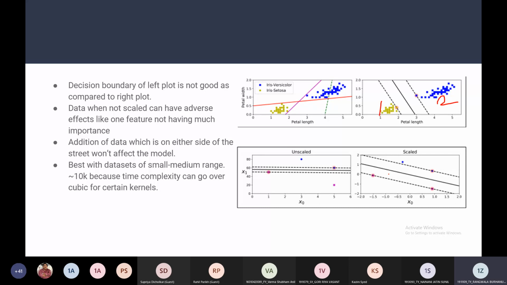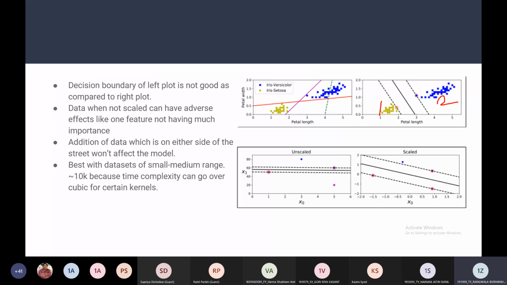Another thing you should know about SVMs is that they are slow models. Their time complexity ranges anywhere from square to cube. So if your data set is too large, like over 10,000 or 20,000 features, this could slow things down. So make sure the data you want to fit is well suited for SVMs.